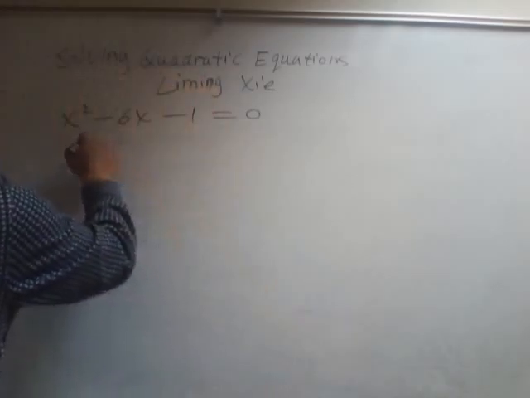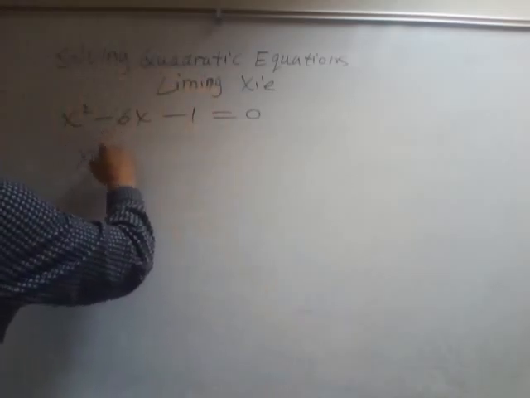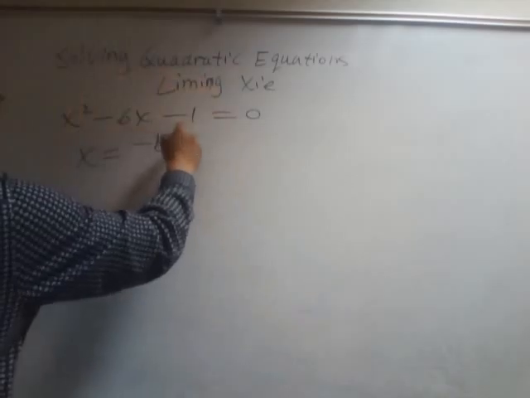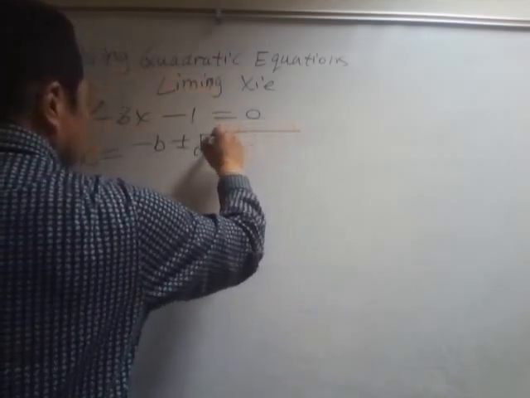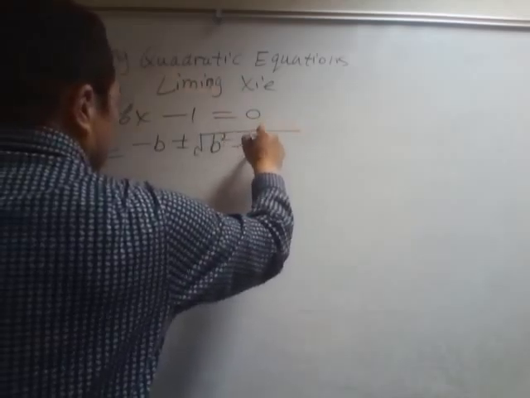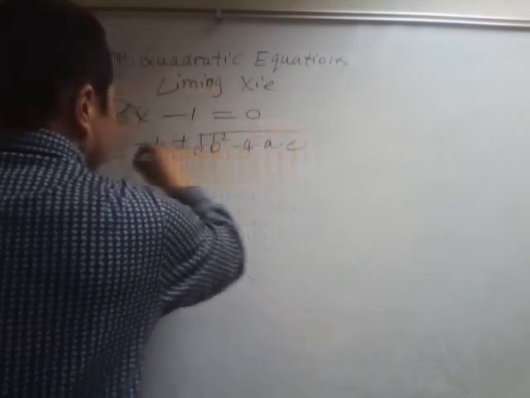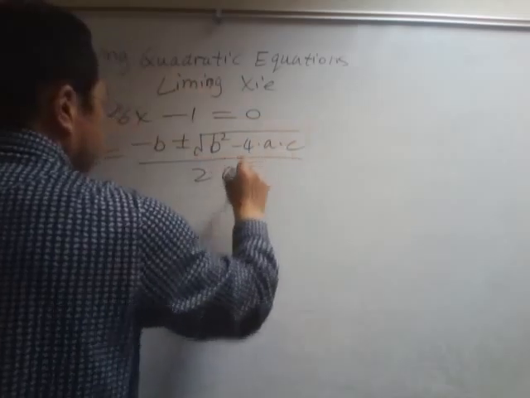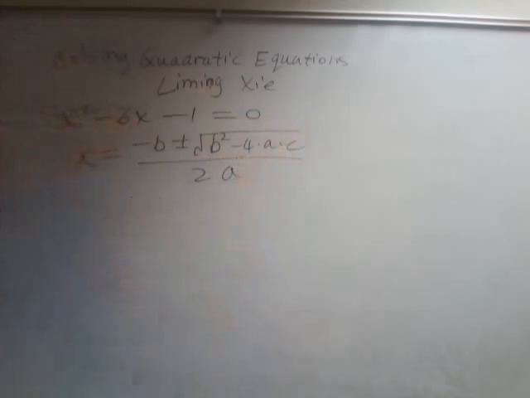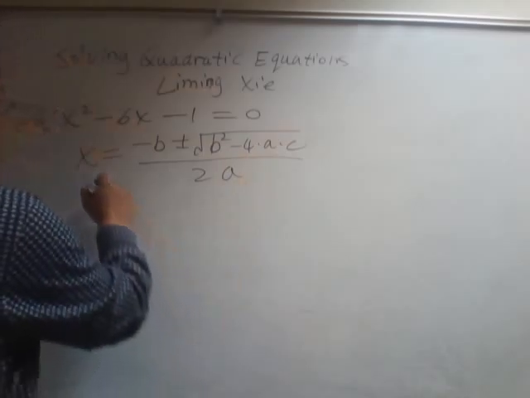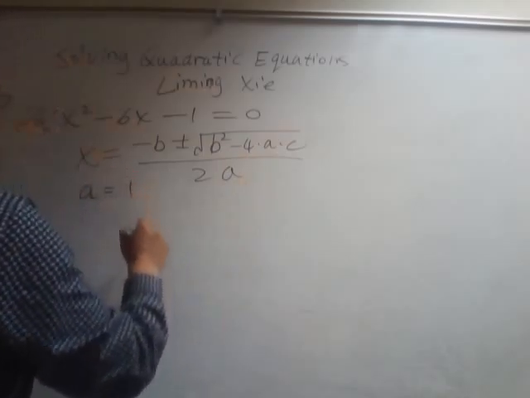Remember, x equals negative b plus or minus the square root of b squared minus 4ac, divided by 2a. Okay, this is the quadratic formula. For this case, what's a? a is 1, right?